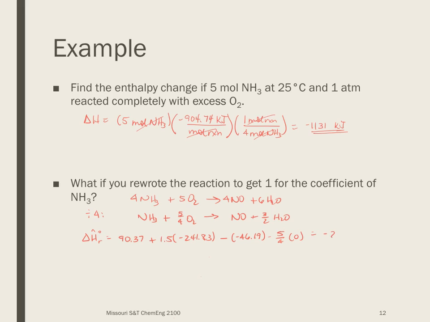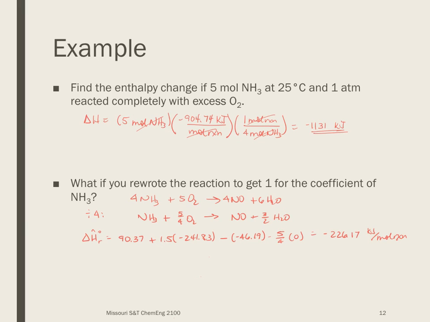And so my heat of reaction is negative 226.17 kilojoules per mole of reaction. So delta HR changes when I change the way that the reaction is written.